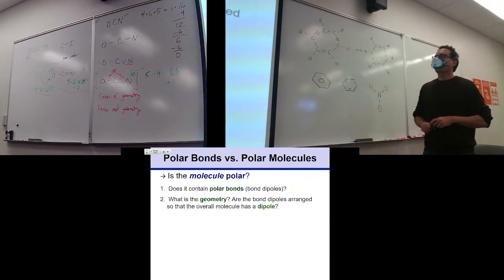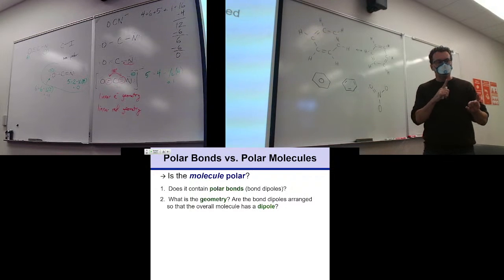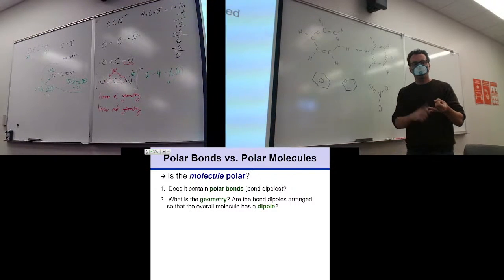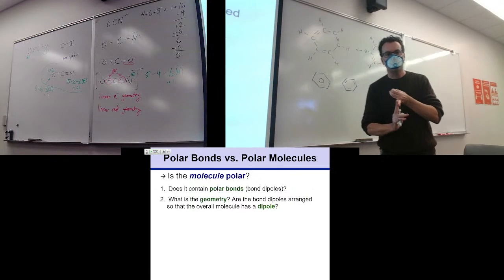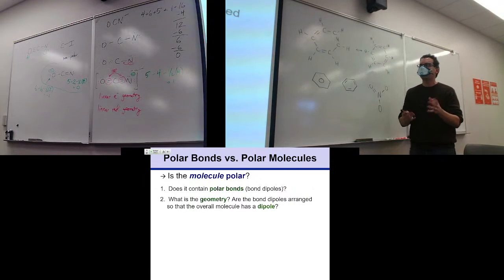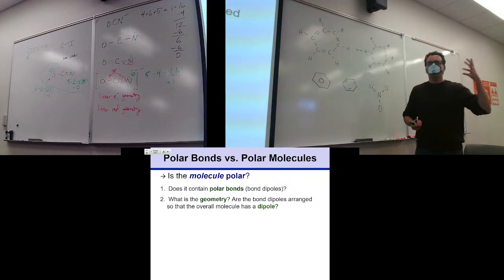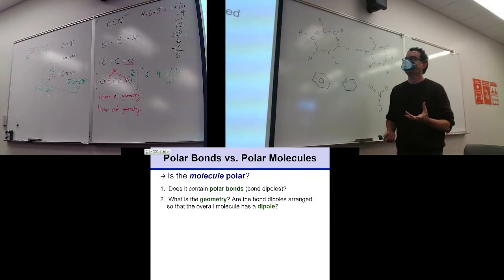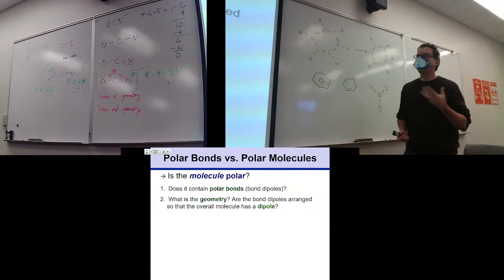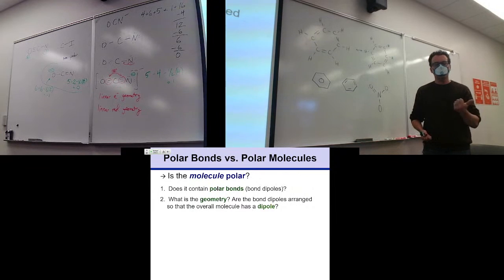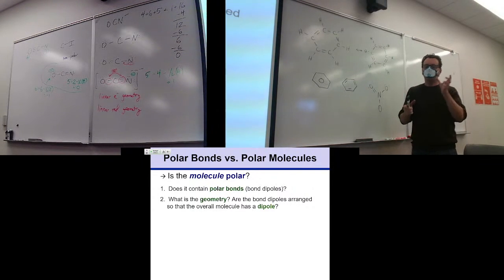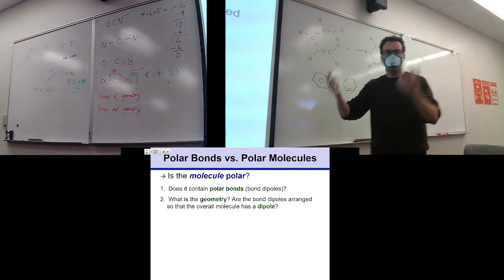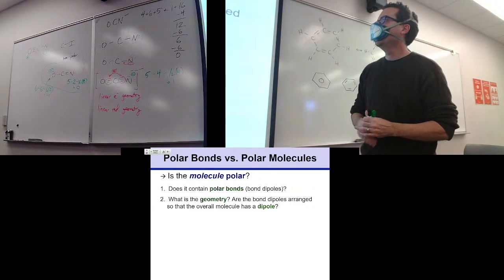So now that we understand how to draw Lewis structures, we can take that Lewis structure and get a shape out of it, so we know the three-dimensional shape of the molecule. Is a molecule polar? To answer that question, we need to know: does it contain polar bonds? And how do the polar bonds interact in that geometry, in the shape that it's in?